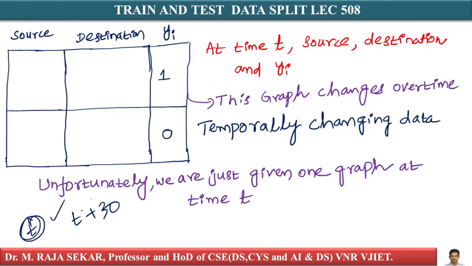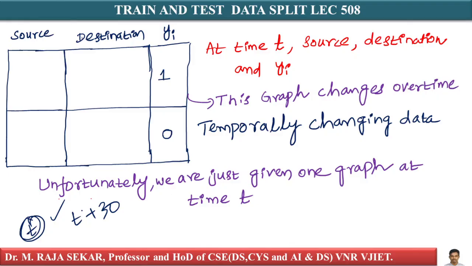I can obtain this data if it is in production over the next 30 days, isn't it? So actually I have data that is changing over time. You would be doing time-based splitting if you are an engineer at Facebook or Instagram.